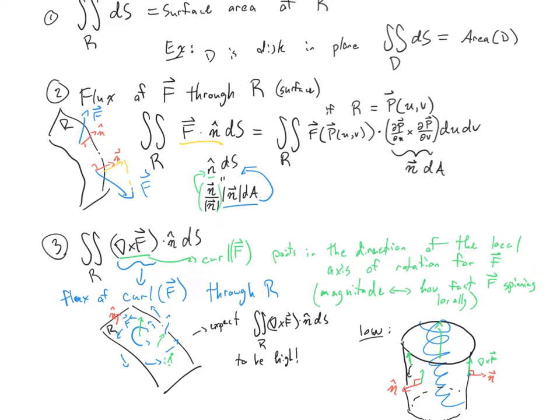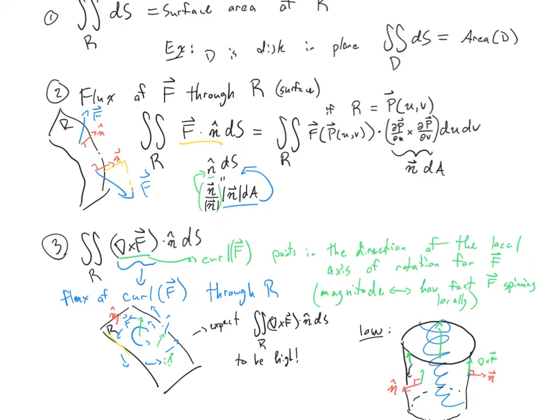But that's somehow different than what's happening over here in the flux of the curl through the picture that I drew, where there's locally a lot of circulation happening.